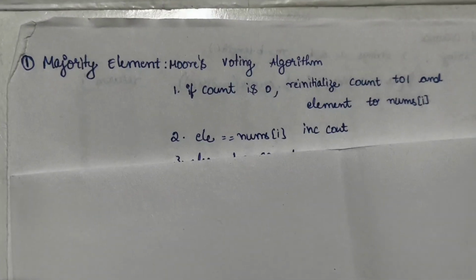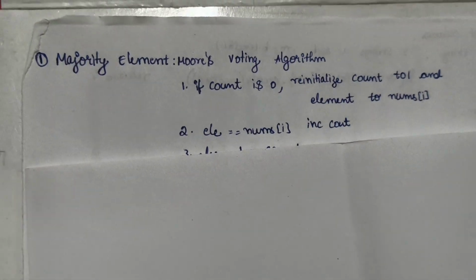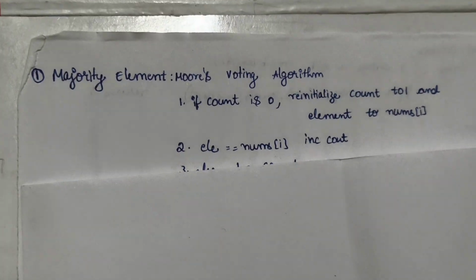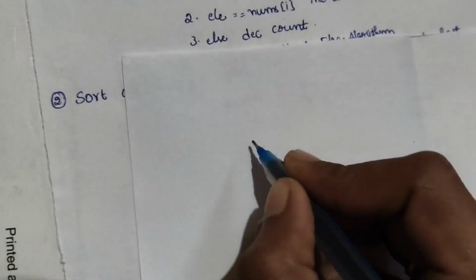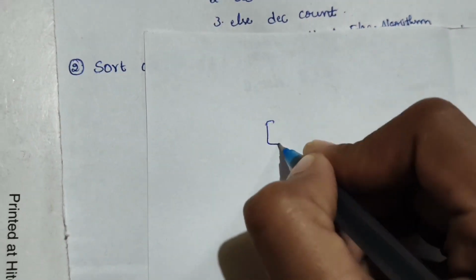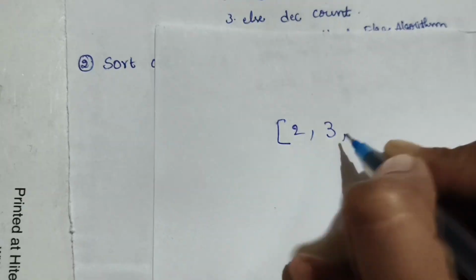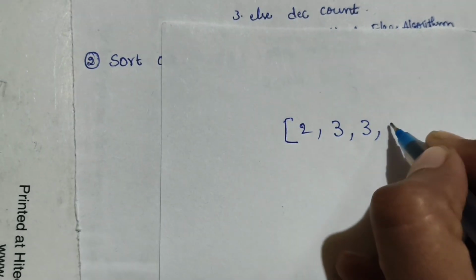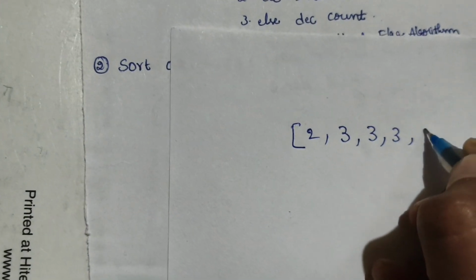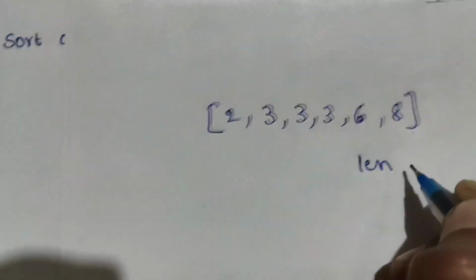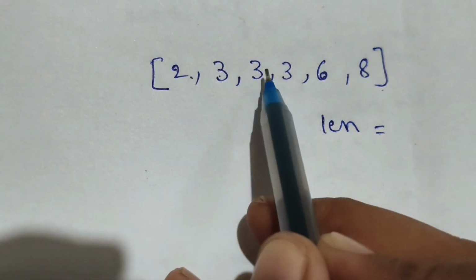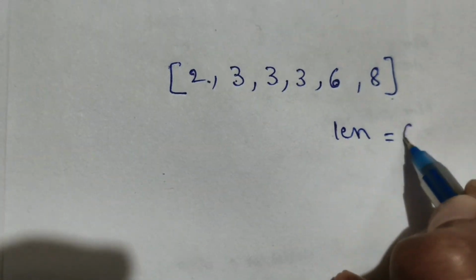The first one is majority element. Now let us see what is meant by the majority element. If we had an array consisting of elements like 2, 3, 3, 4, 6, 8, here the length of the array is 1, 2, 3, 4, 5, 6.